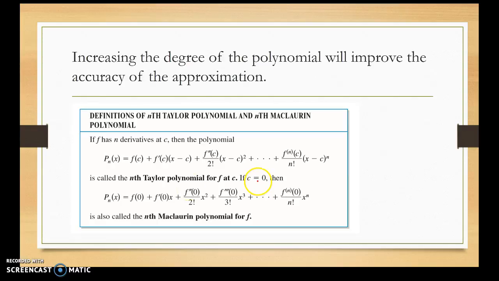If c is equal to 0, so if it's centered around 0, then the Taylor polynomial is just known as your Maclaurin polynomial. So the Maclaurin is actually a little bit easier, and you'll see when we do an example.